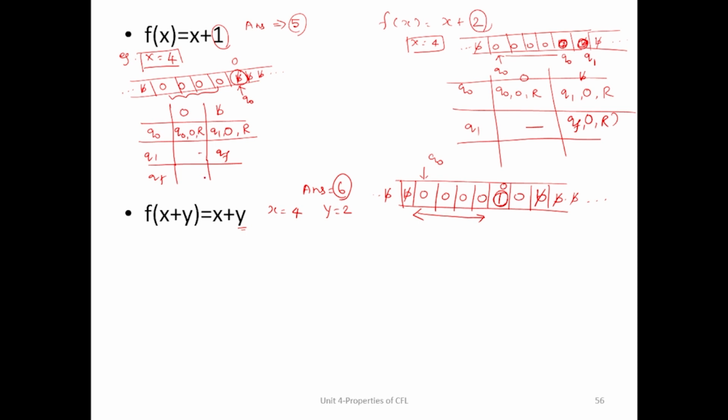Okay, so we try to construct a transition table of the Turing machine for this addition. Initially the tape contains 0, 1, blank space and the initial state is Q0.